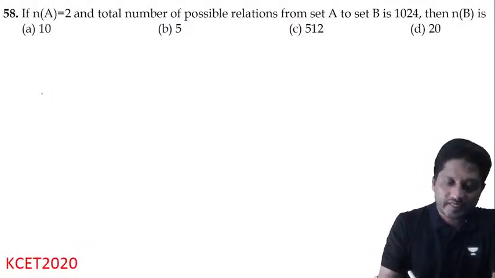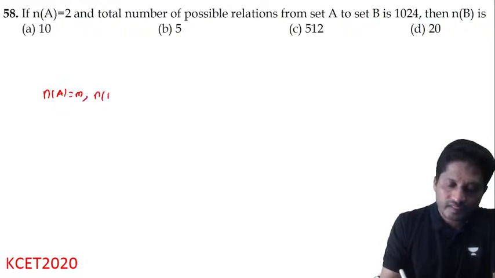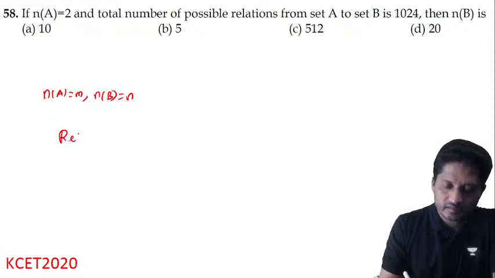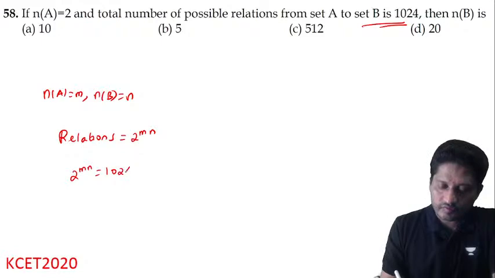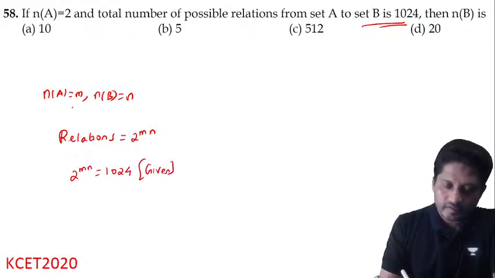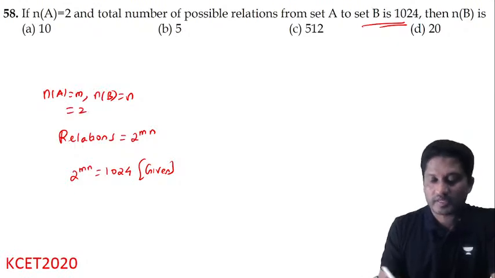If set A contains m elements and set B contains n elements, total number of relations is equal to 2 power mn. According to the question, total number of relations from A to B is equal to 1024. This is given. Set A contains 2 elements, set B contains how many elements?